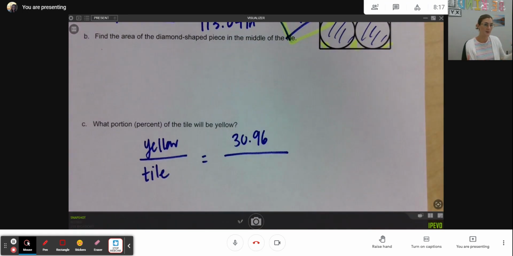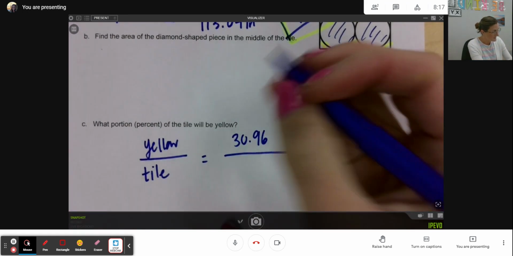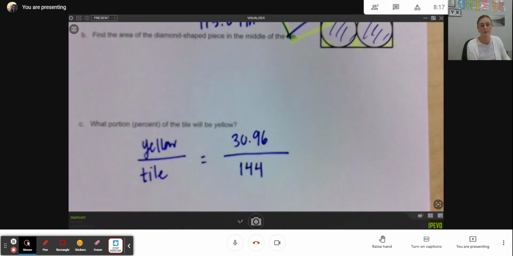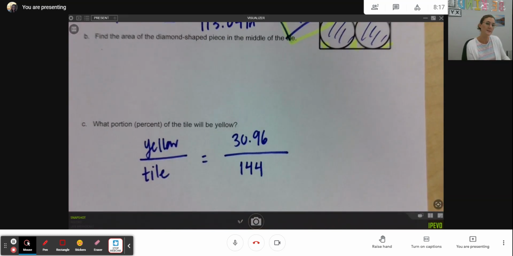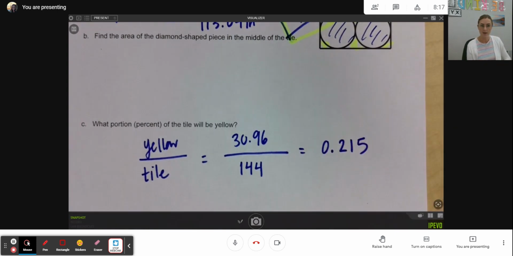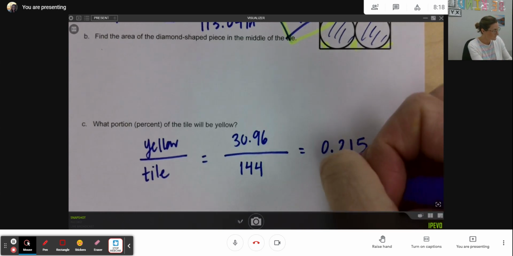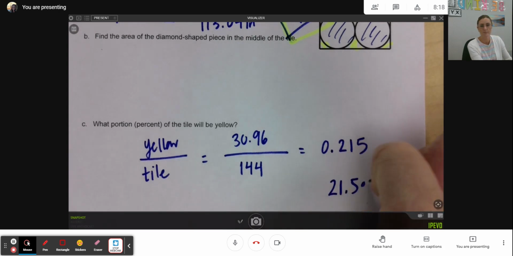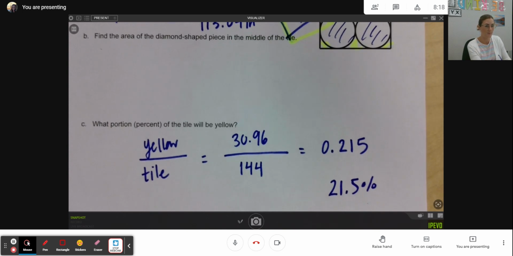And we found that the entire square, including everything, is 144 inches. So now I need to convert this to a percent. When you actually divide this and type it into your calculator, you get 0.215. Go ahead and tell me, what percent would this be? And that would be 21.5% of this whole tile is yellow.